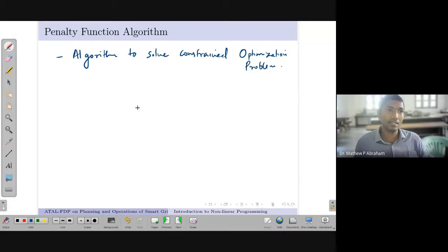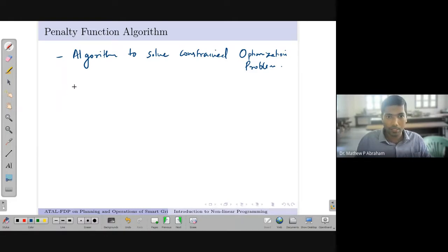The method is that you convert the constrained optimization problem into an unconstrained optimization problem, and you solve a sequence of such unconstrained optimization problems to get to the solution of the constrained optimization problem. I'll explain it slowly.